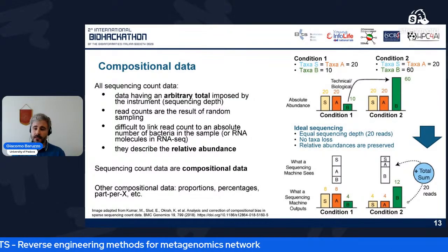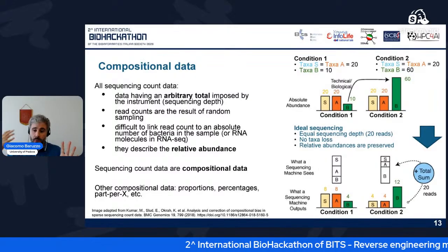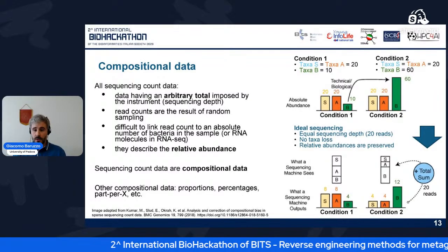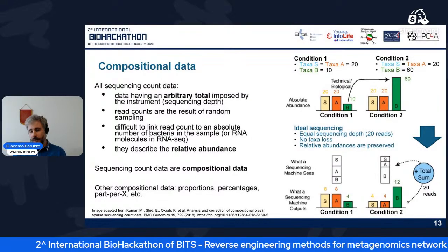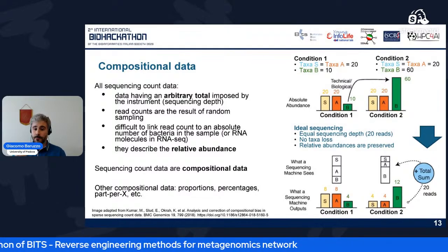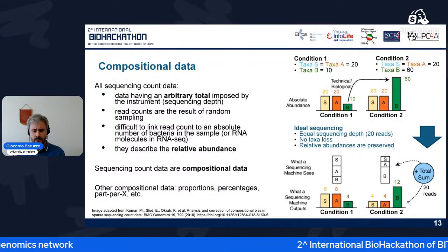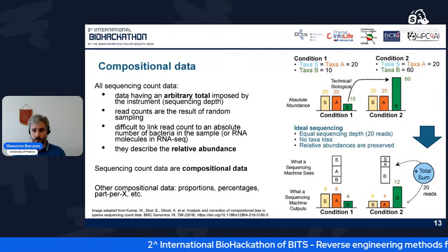Now think that you're performing sequencing on this abundance of bacteria, so let's say you're able to just collect 20 reads for condition 1 and 20 reads for condition 2. What can you expect? You can expect that the sequencing, which again is a sampling process without replacement, where the sampling size, 20 reads, is just a function of the sequencer, is able to preserve the relative abundances.